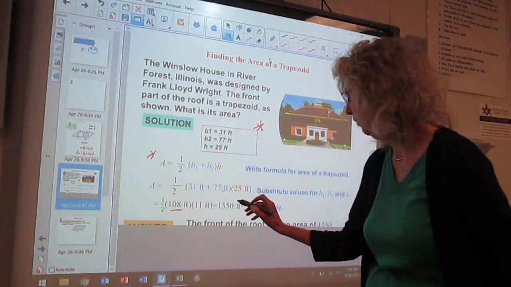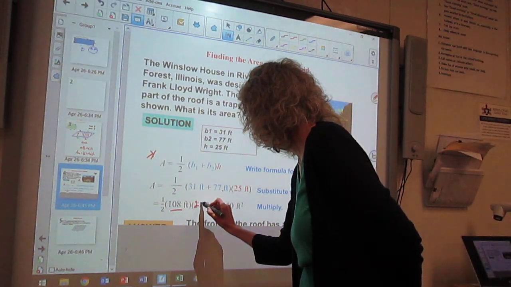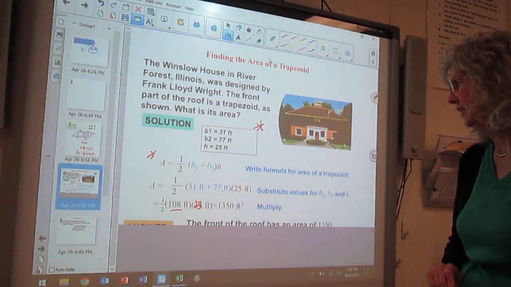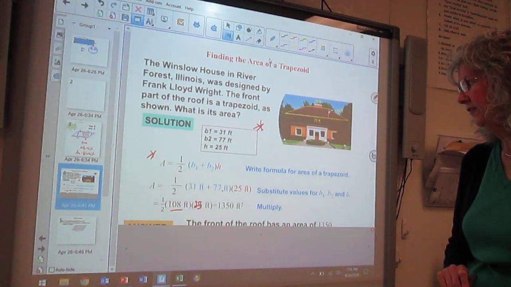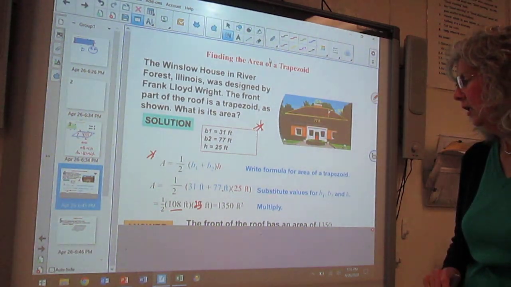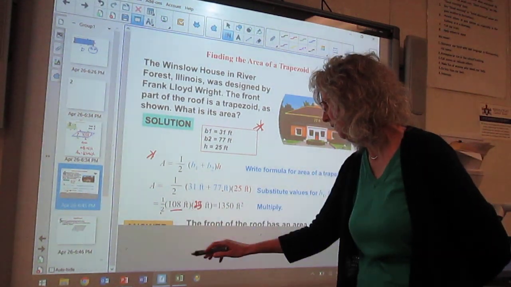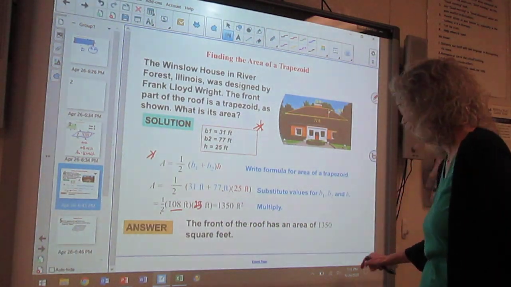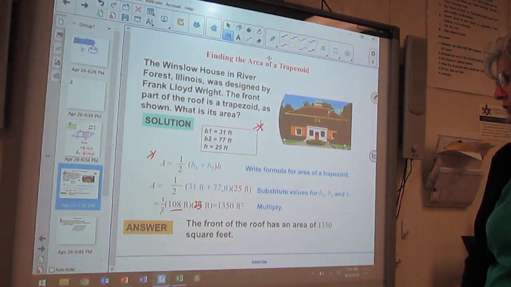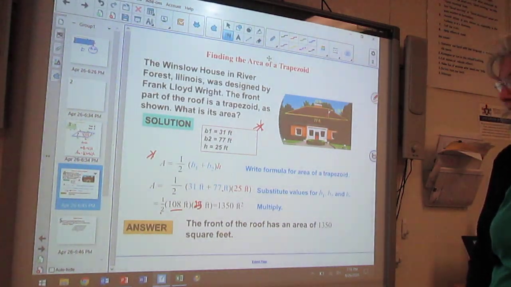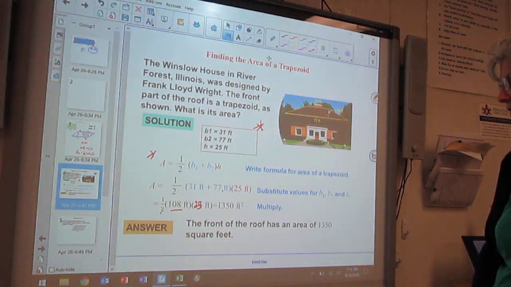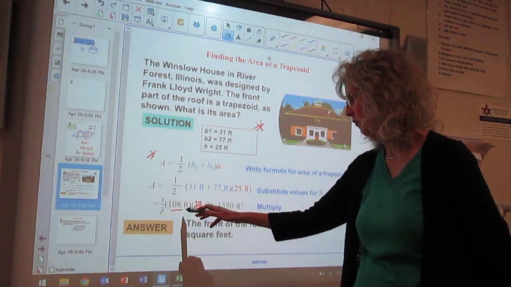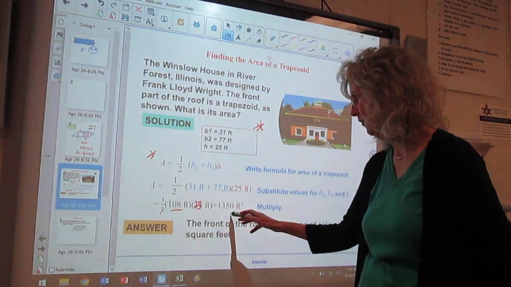I made a typo here. This is 25 feet. Okay? Times 25 feet equals 2,700 feet squared. And of course we need 1/2 of that, which comes out to 1,350 feet squared. 1/2 of 108 is 54, and 54 times 25 is 1,350.